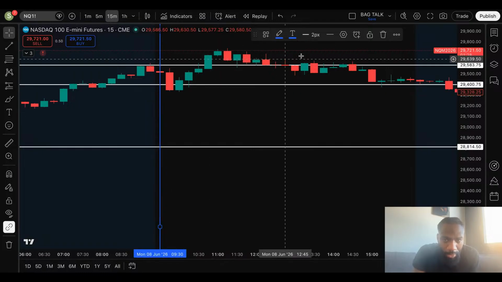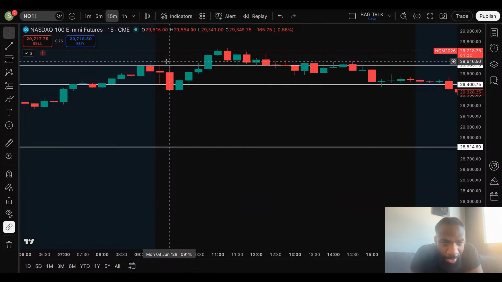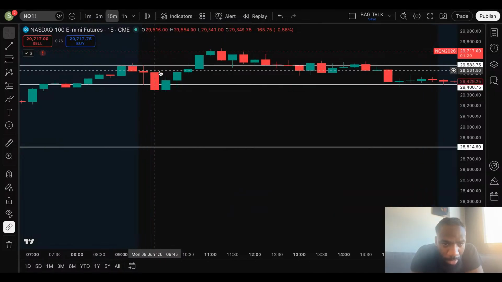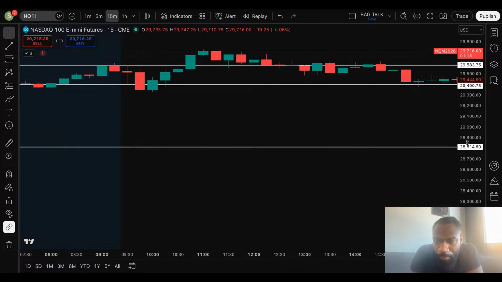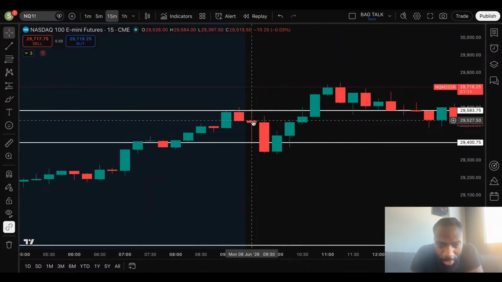I'll delete the blue line so you can see. Basically, this 15-minute candle, this 9:30 candle, created a range for the day, right? It opened up here at 9:30.